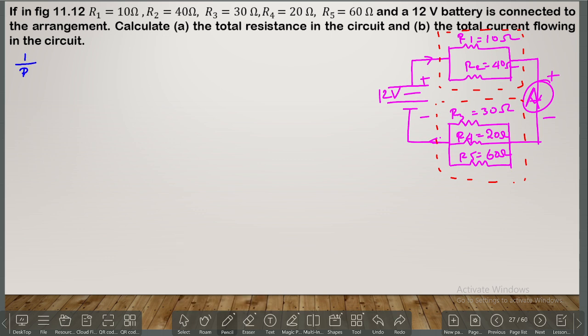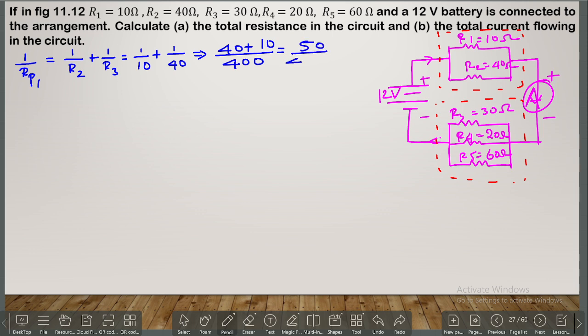What is the parallel formula? 1 by Rp. Since it is the first network, we write 1 by Rp1 is equal to 1 by R1 plus 1 by R2. R1 is 10, R2 is 40. So do the cross multiplication: 40 plus 10 by 400, that is 50 by 400.